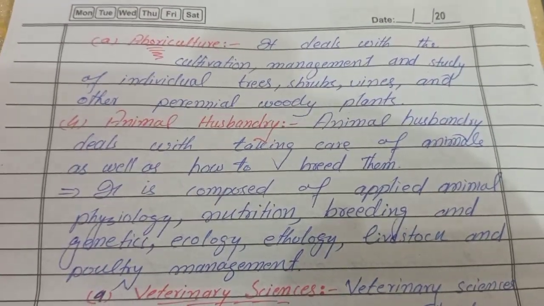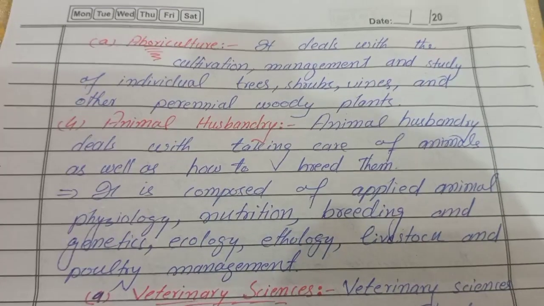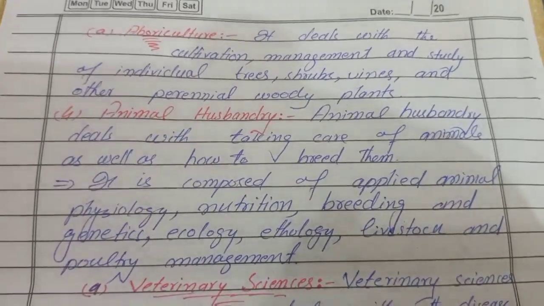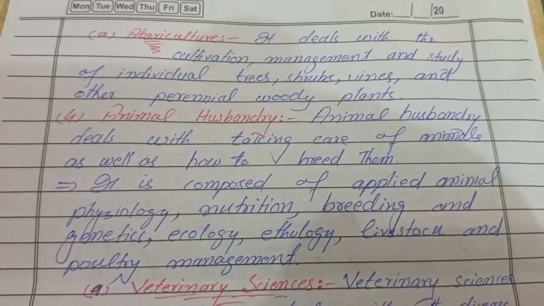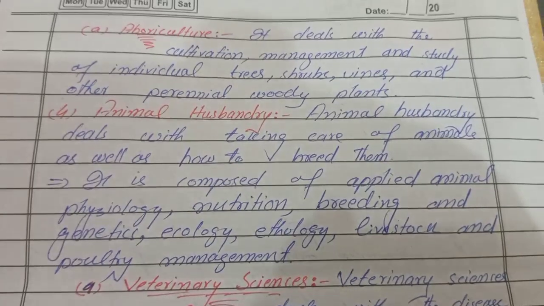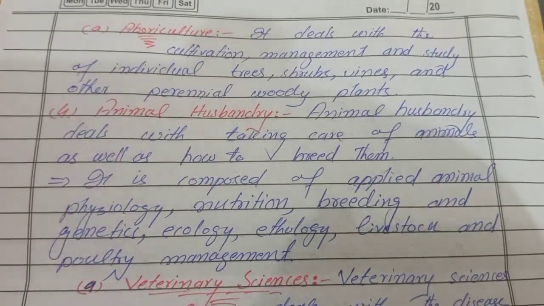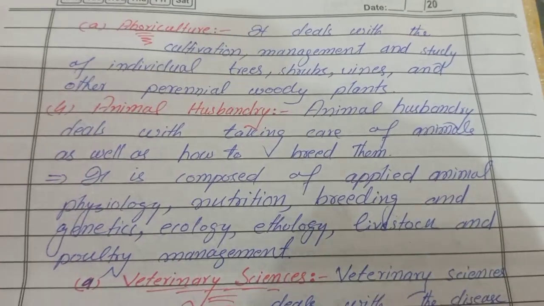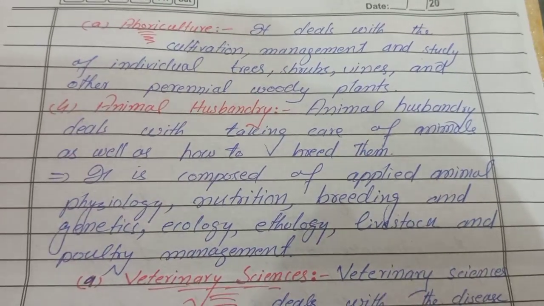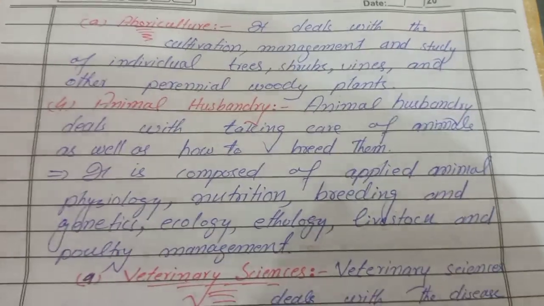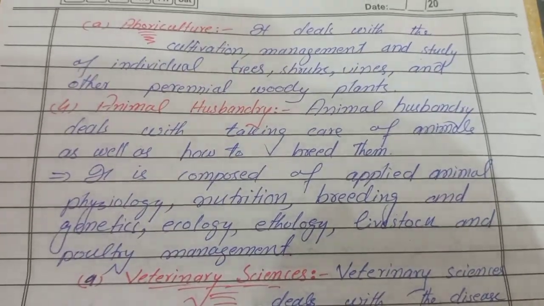Now we are going to discuss the fourth major branch of agriculture, which is animal husbandry. Animal husbandry deals with taking care of animals as well as how to breed them. It is composed of applied animal physiology, nutrition, breeding and genetics, ecology, ethology, livestock and poultry management.